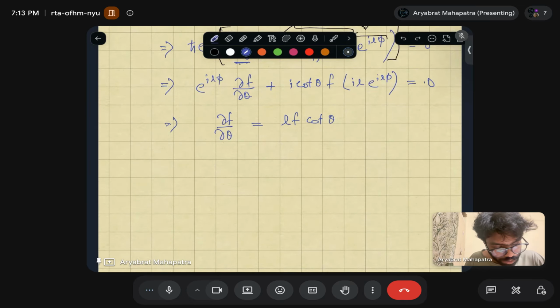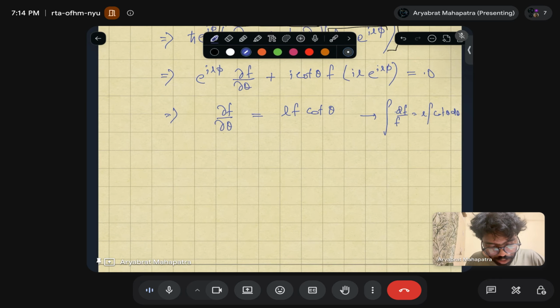If you treat it as an ordinary differential equation, you can write it as the integral of df over f, and on the right you have the integral of cot θ dθ. Similarly, here also there is a constant which you will get.